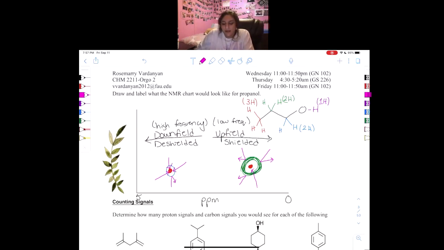And so if you think about it, the bigger your shield, the fewer things can penetrate the shield, so you have a smaller number. That's why more shielded is a smaller number on the spectrum, versus the smaller shield, aka more de-shielded, has more rays hitting it on the inside, so it's higher because there are a higher number of rays hitting that nucleus.